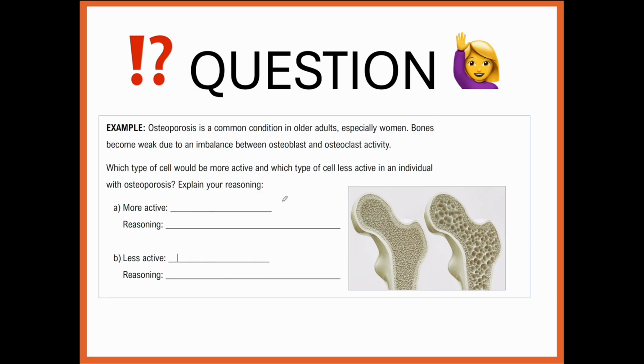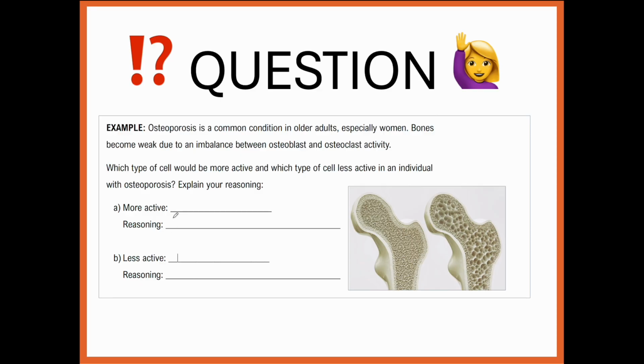So, I'll give you a minute to try to think of this. All right. So, the most active one in this patient that has osteoporosis, look at the holes here. They're huge, right? That spongy bone, the scaffolds that were there are no longer that great, right?